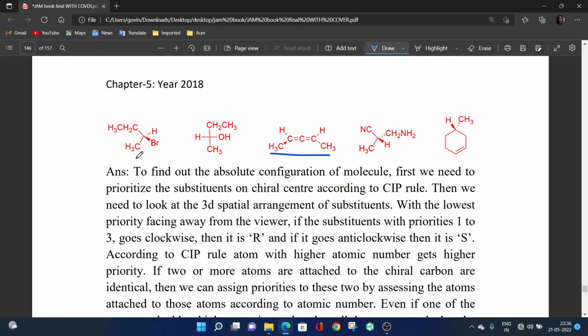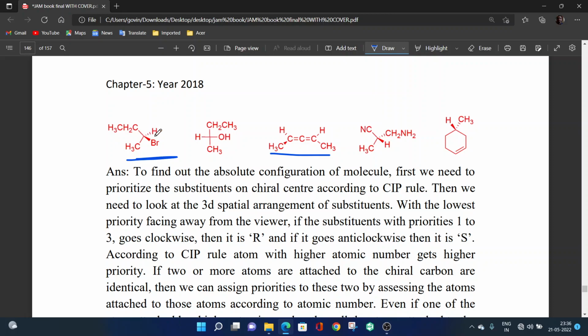And then the molecule should have a plane of asymmetry, not symmetry, sorry, that means this molecule should not be symmetrical. And the hydrogen, the lowest priority substituent, has to be away from the viewer. Then only we can find out the absolute configuration.